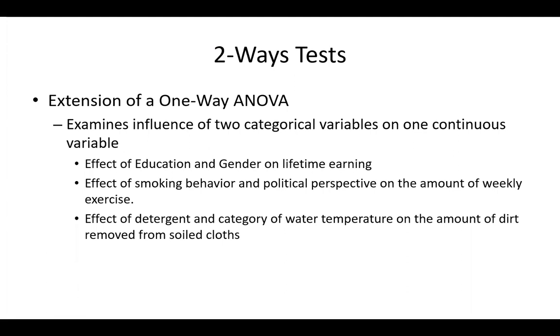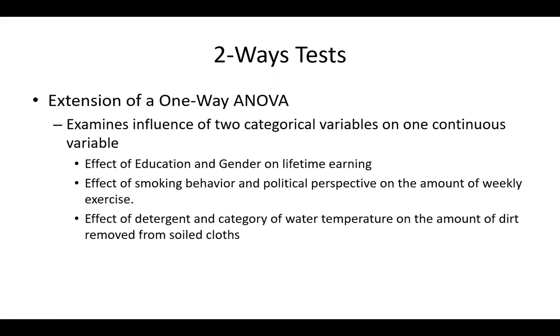So we already looked at the effect of education on lifespan, but you can also look at things like the effect of education and gender and the relationship between both of them in terms of lifetime earning. We want to see what happens in terms of a response variable, the dependent variable, but we want to look at not only education, not only gender, but both of them together and the potential interaction.